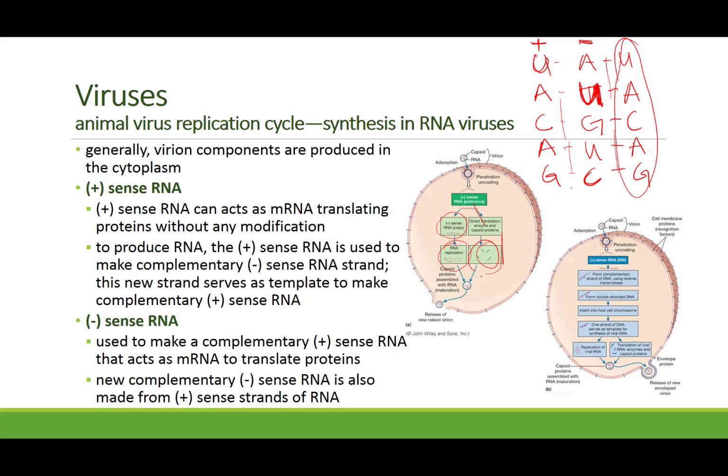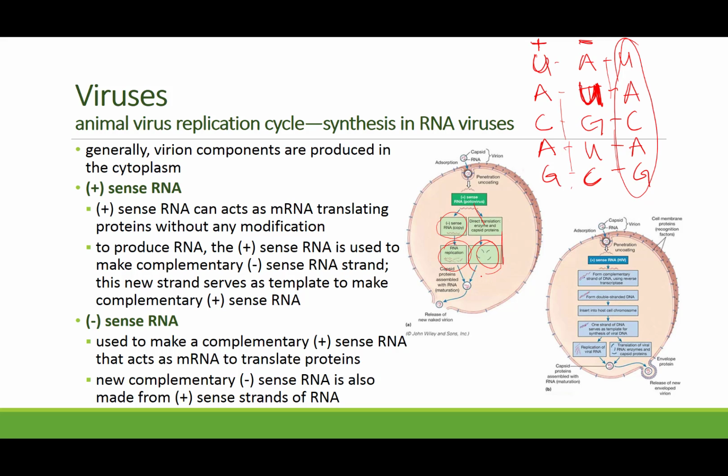Now with minus sense RNA, it's a little bit different. The first thing we have to do with minus sense RNA is to build DNA from it. So there's an enzyme called reverse transcriptase that's used to make DNA from RNA.